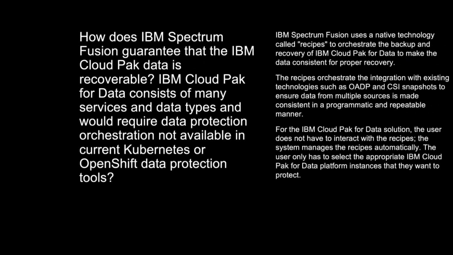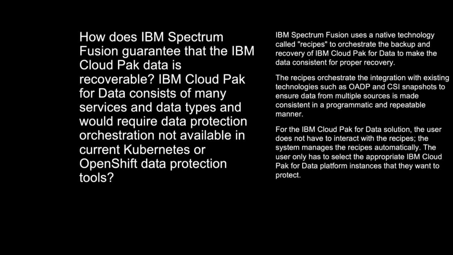So what's the magic? How does IBM Spectrum Fusion guarantee that the IBM Cloud Pak for Data is recoverable? You said that there are many data sources. How are all these orchestrated? People that are familiar with the current Kubernetes and OpenShift data protection tools know that there is some ability to make applications consistent by using hooks and interacting directly with the application, but there's no overall orchestration platform if you have multiple data sources and have to do things in prescribed orders.